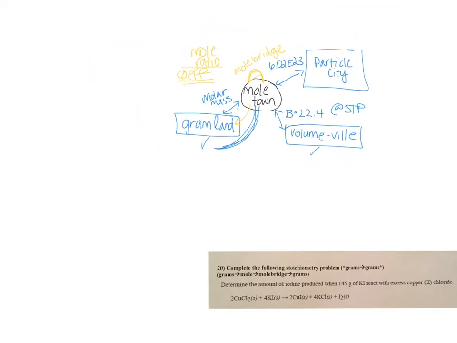So I'll leave this off in the corner over here so you can refer to it if it helps. Some of y'all really relied on that last year. But looking at our problem, it says complete the stoichiometry problem. So determine the amount of iodine produced when 145 grams of potassium iodide react with excess copper chloride.